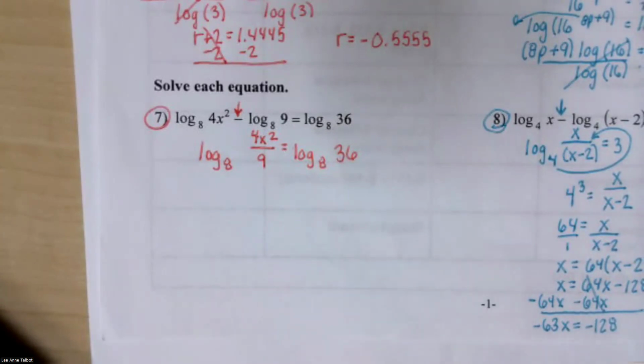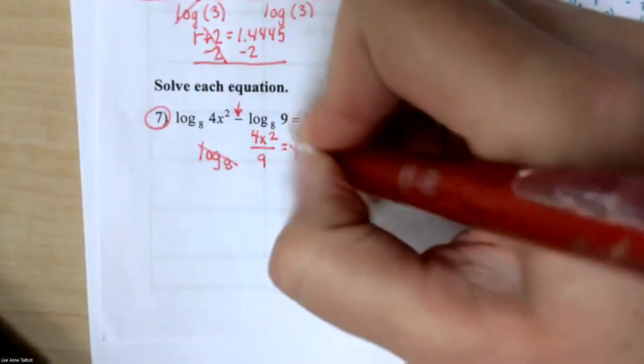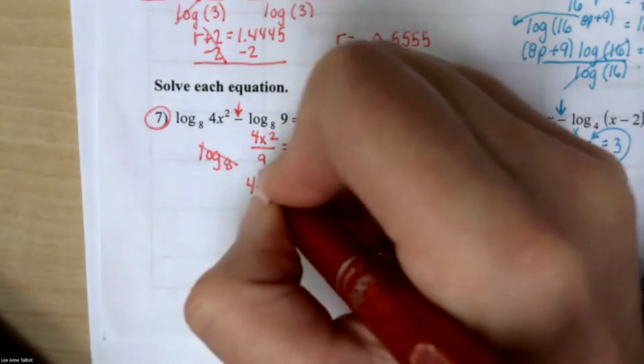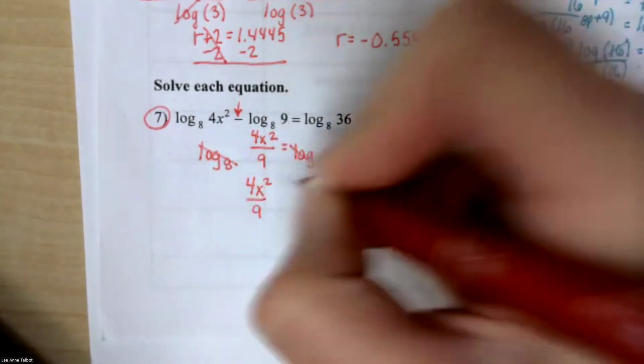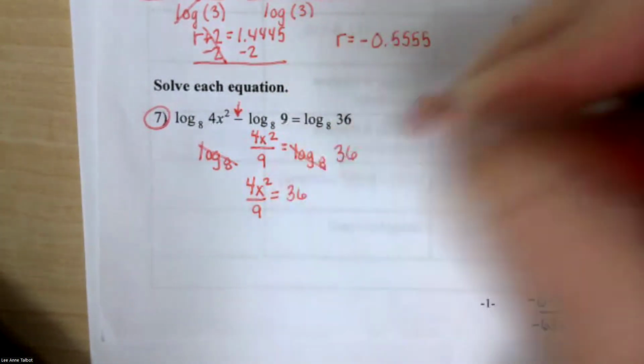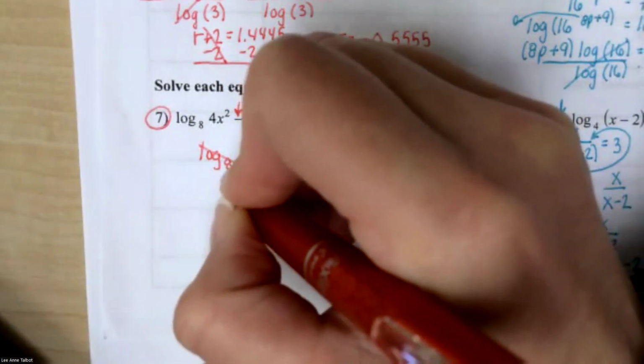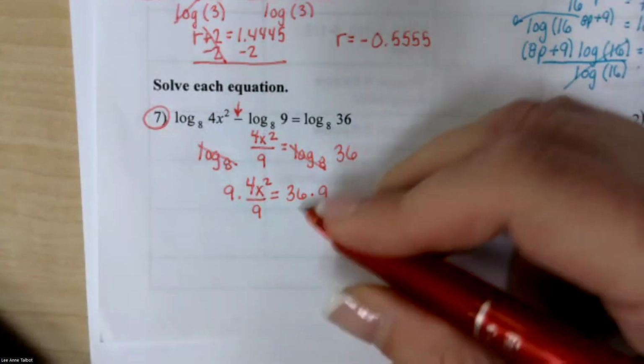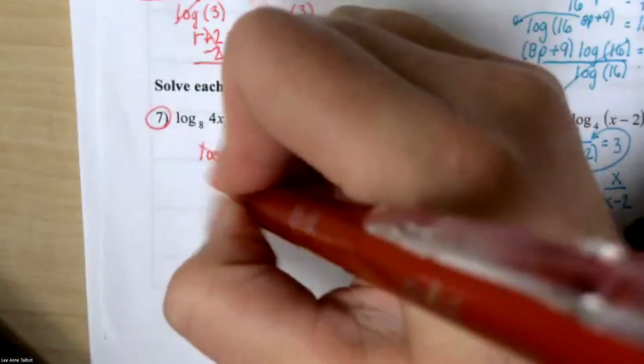Okay, then we decide if it's guidance circle or cross out. This one is cross out. Excellent. 4x squared over 9 equals 36. Okay, multiply both sides by 9. Or you can cross multiply, put the 36 over 1 and cross multiply. It'll do the same thing.